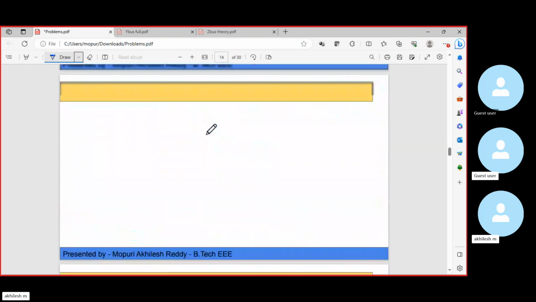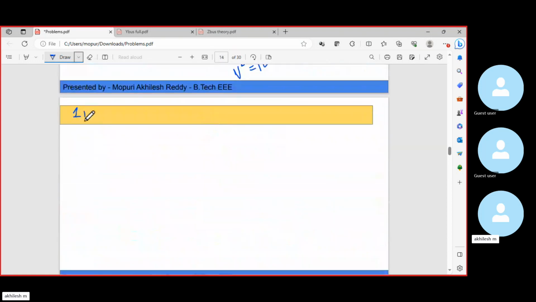First is the three-phase fault. For the three-phase fault, I need to find out the fault current expression IF in per unit.